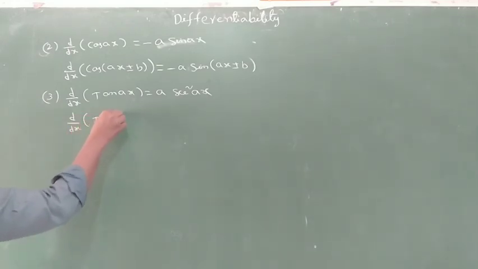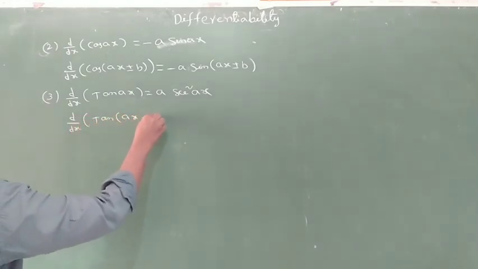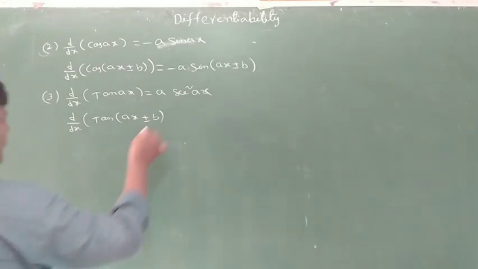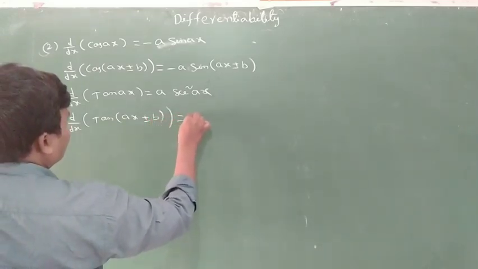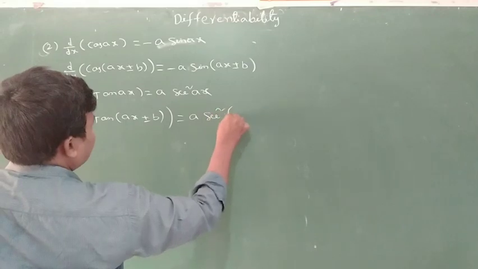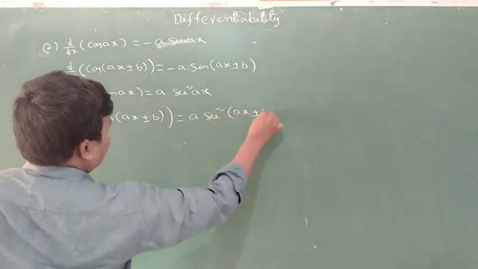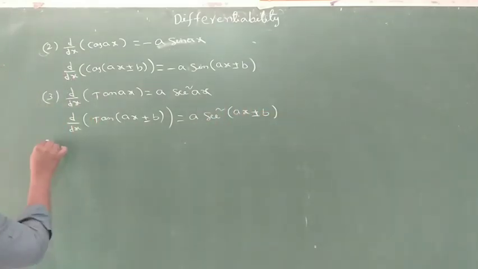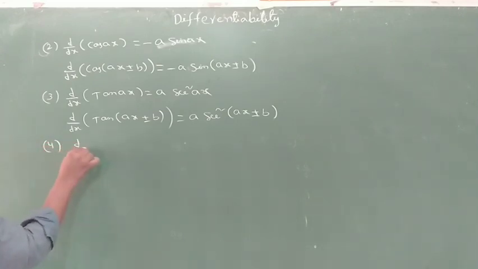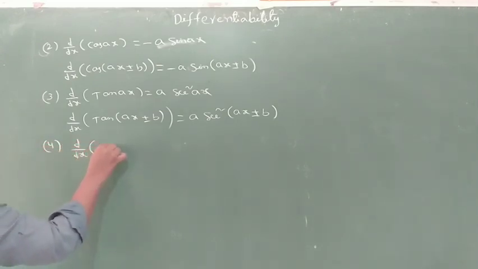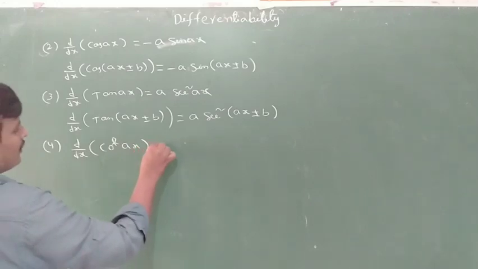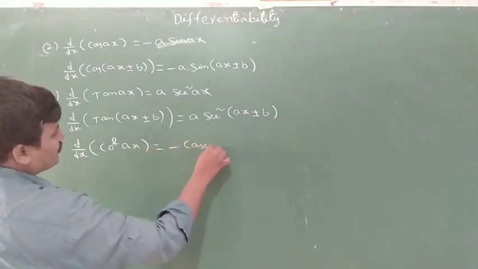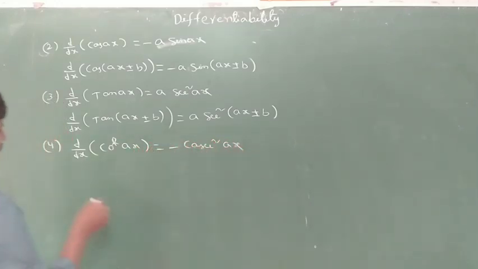So d by dx of tan of ax plus or minus b is equal to a into secant square ax plus or minus b. d by dx of cot ax is equal to minus cosecant square ax.